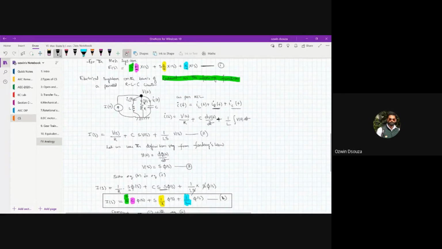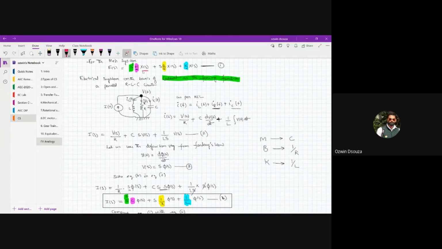So you can start listing the counterparts. The counterpart of M in the electrical system is C. The counterpart of friction in the electrical system is 1 by R. And the counterpart of spring coefficient K in the electrical system is the reciprocal of inductance. And then you have the signal.